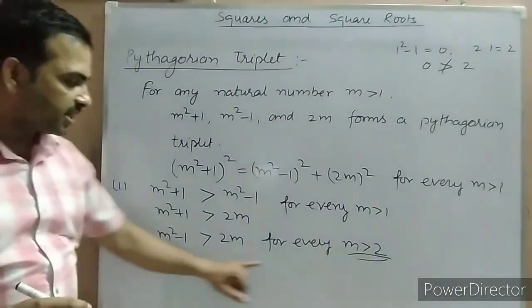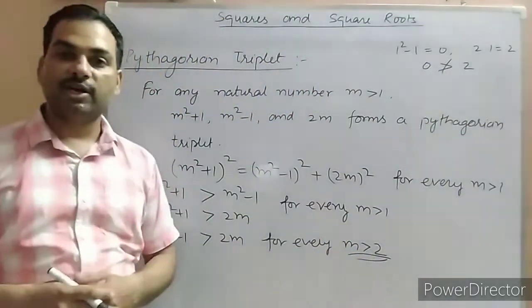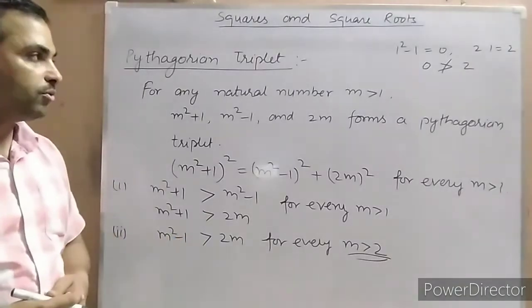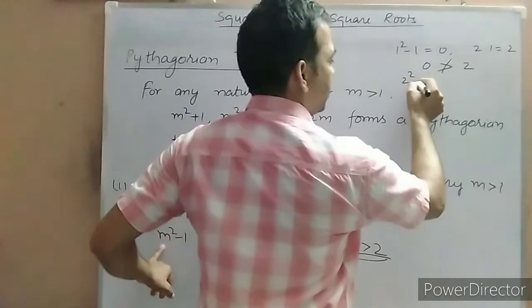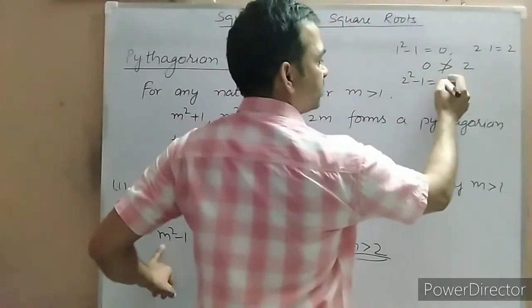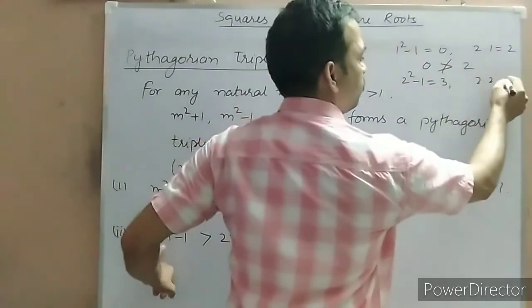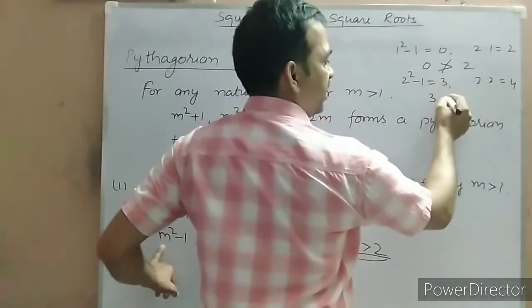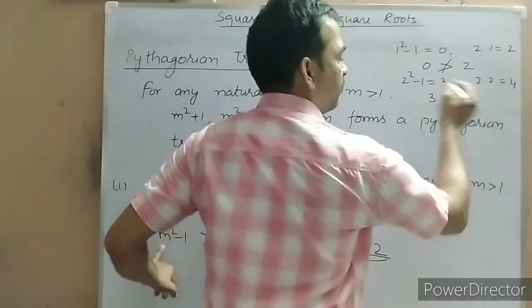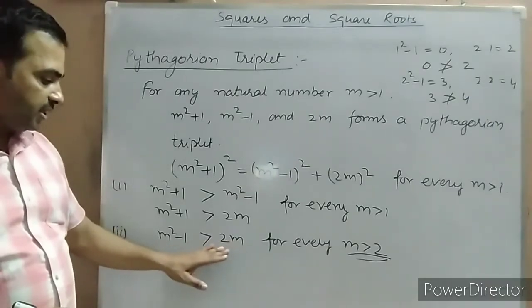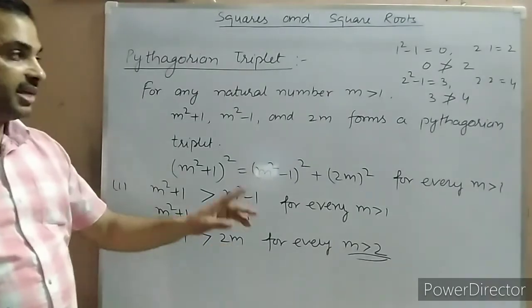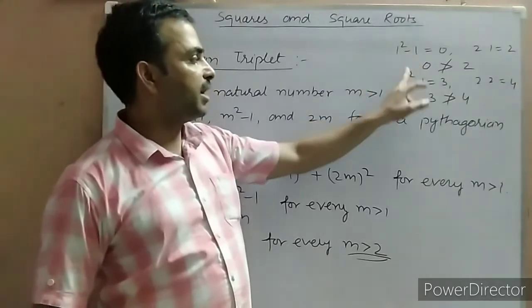So this condition fails for m equal to 1. For m equal to 2, again we can see that 2 square minus 1 is 4 minus 1, which is 3, and 2 into 2 is 4. 3 is not greater than 4. So m square minus 1 greater than 2m is incorrect for m equal to 1 and m equal to 2.